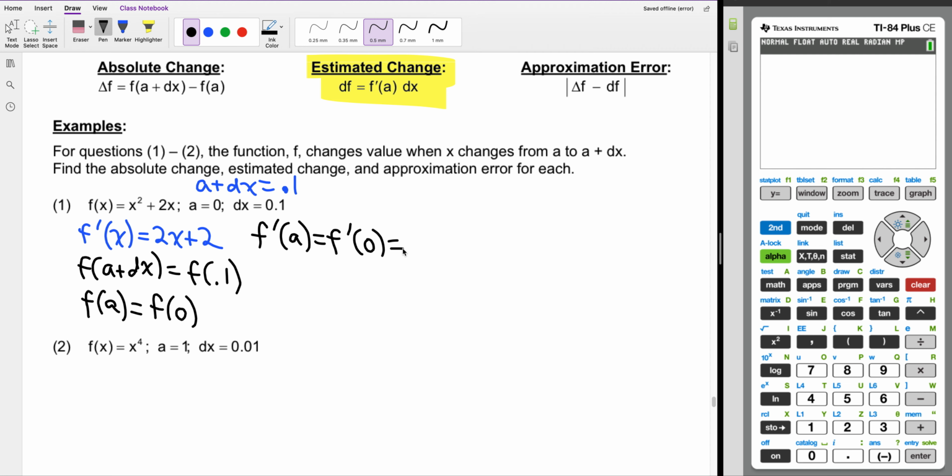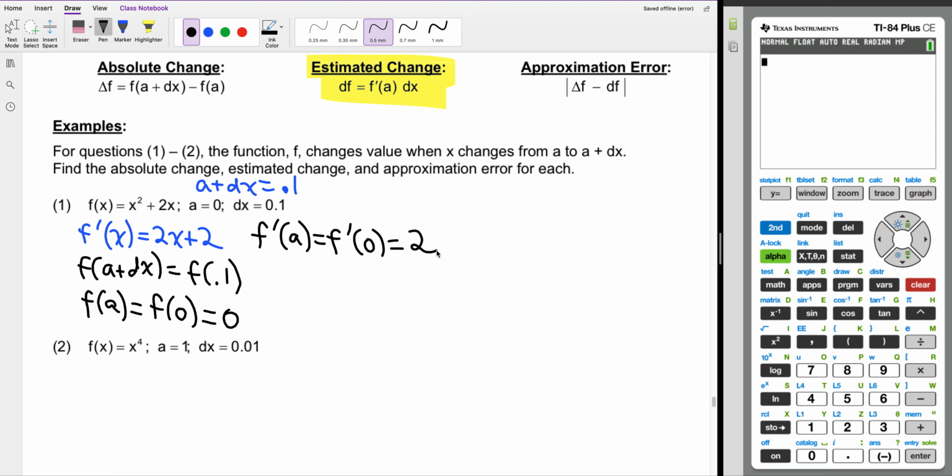Now, the most complicated calculation is this one. If you're going to have to use a calculator, it's probably going to be for this one. Everything else is easy. All right, f of a, I'm plugging in 0 for a, so 0. Same thing with the prime, just plugging in a 0 for a in for x, so that's going to give me a 2.